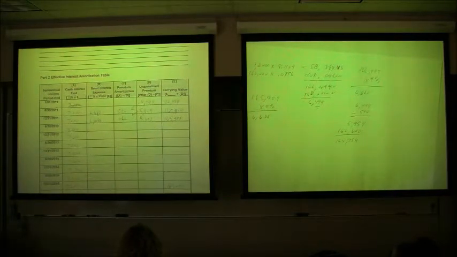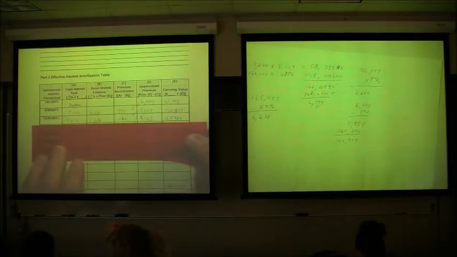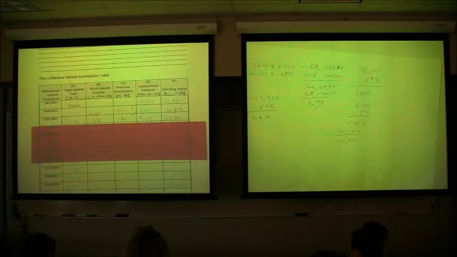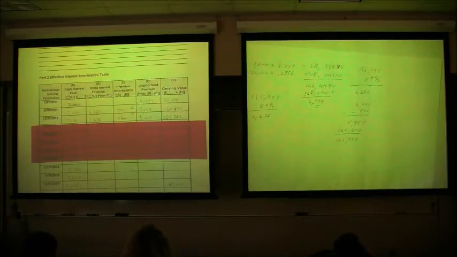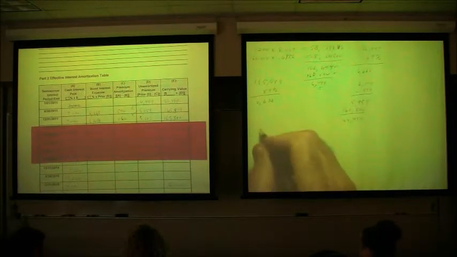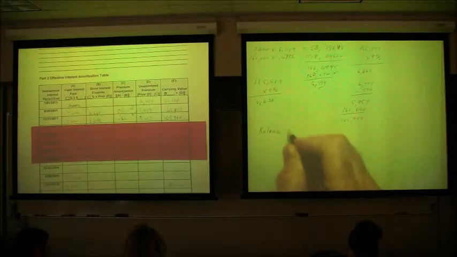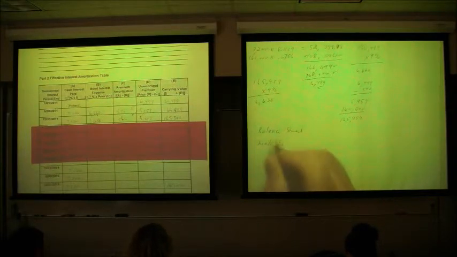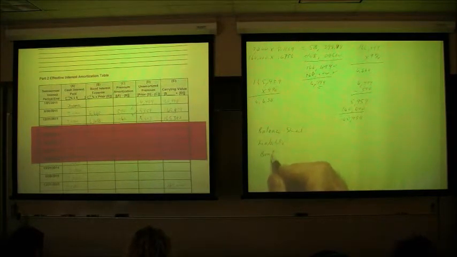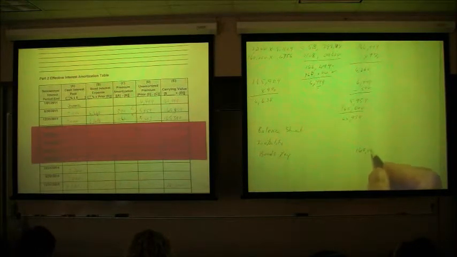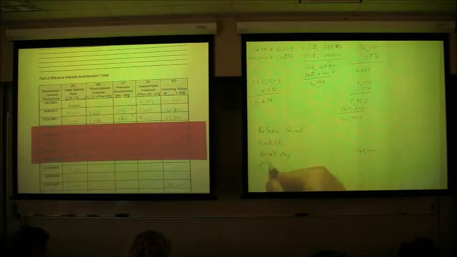What may make this clear is let's just take this last one. Here's what it would look like on the balance sheet. I'll put it here so it shows up in the camera. So here you have the balance sheet, the liability section. You'll have bonds payable, and the bonds payable will be $160,000 plus the premium.